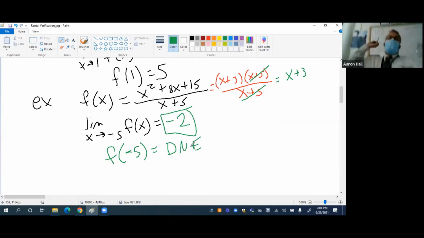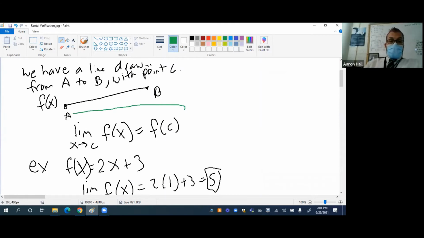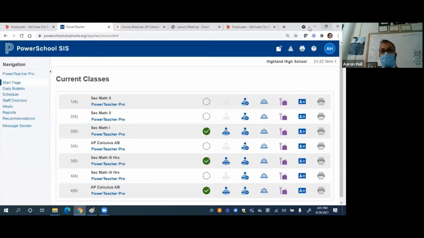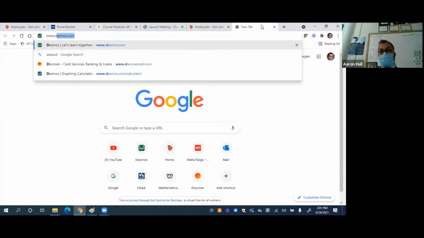So based upon our more rigorous definition, is this equation continuous at x equals -5? No, it's not, because they're not the same. In fact, we can graph this. I don't know if this would help to graph this. Let's go to Desmos.